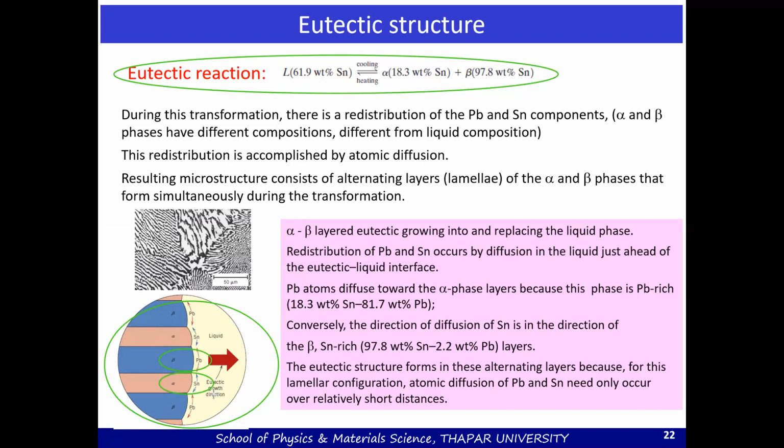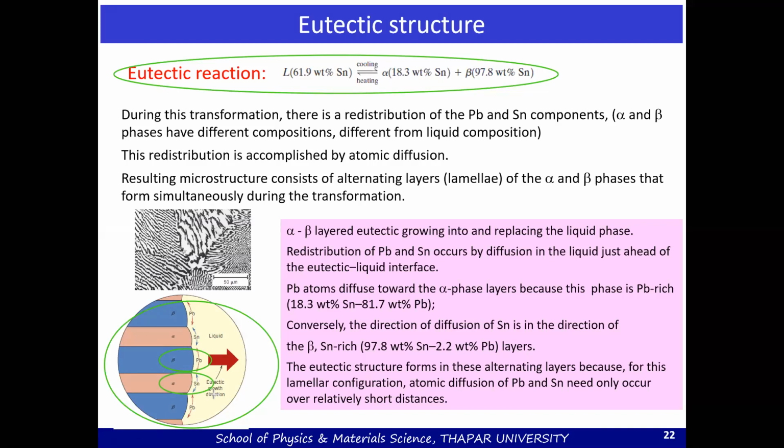So during the growth, beta is already Sn rich, and some Pb from the liquid is now diffused across the beta phase, while during the growth, the Sn which is facing the alpha phase will diffuse across it.